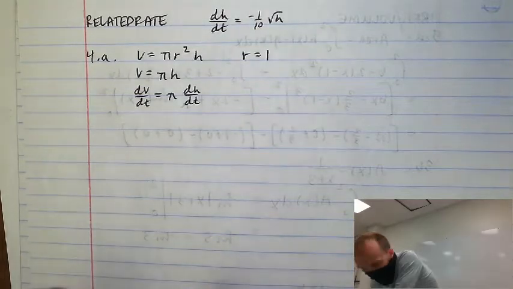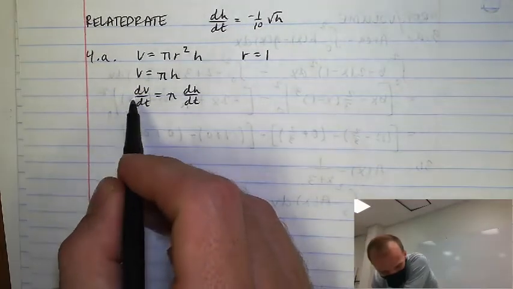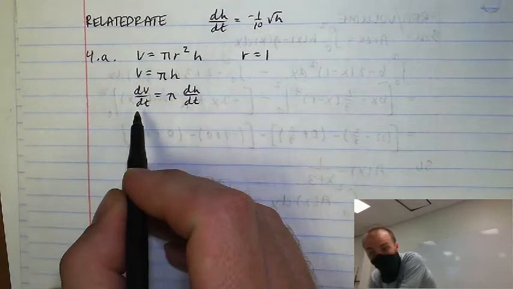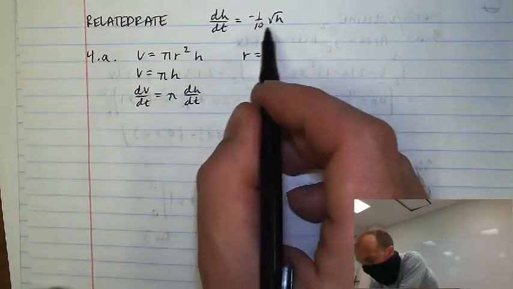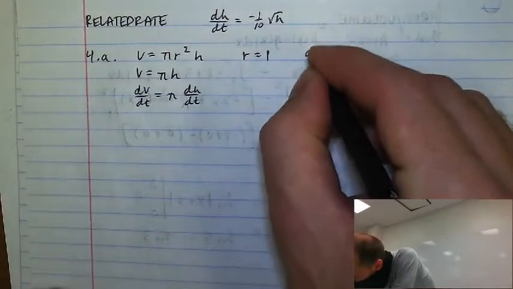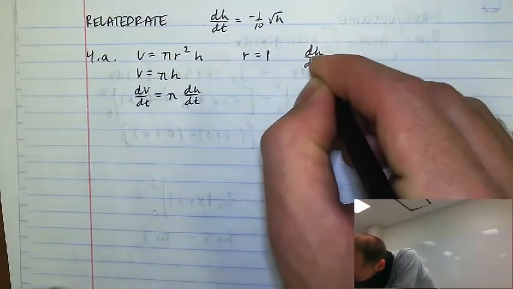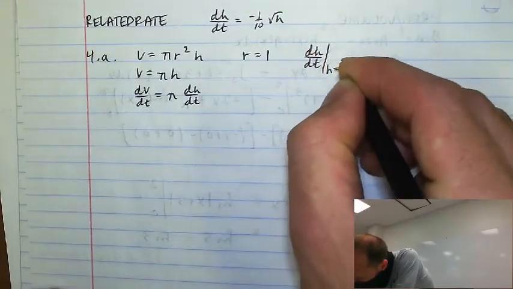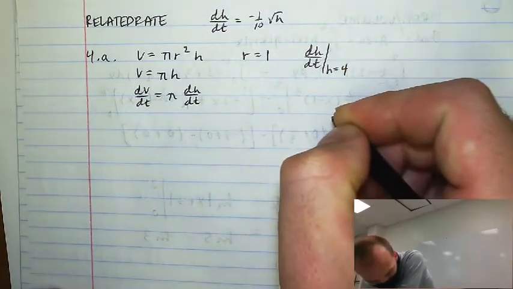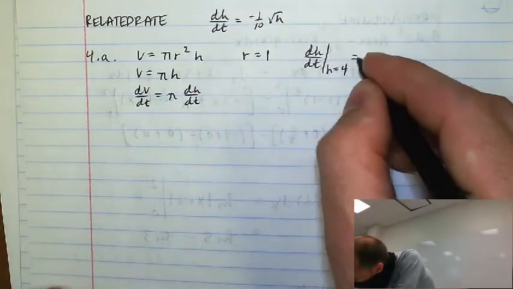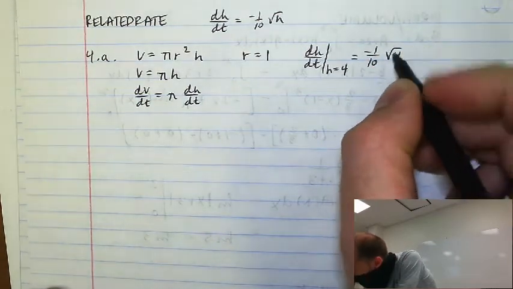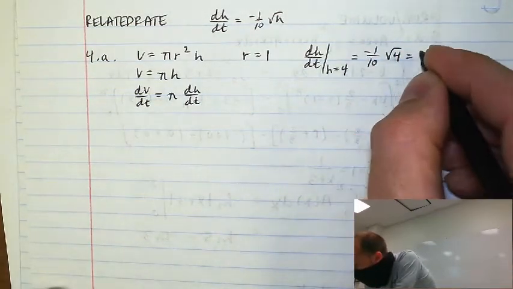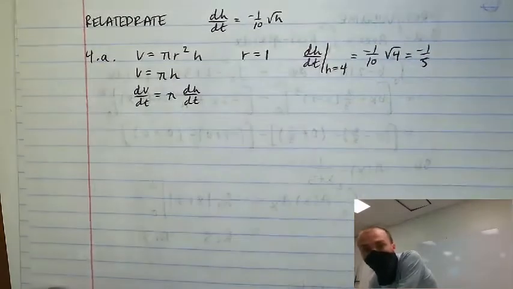Then I want to find dV dt, the rate of change of the volume of the water with respect to time. So I need to say, what is dH dt? Well, I've got a formula for dH dt. They say at the time when h is equal to 4 feet, that's going to be negative 1/10 of the square root of 4. So it feels like negative 2/10, or negative 1/5, to me.